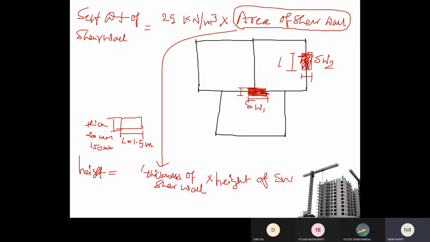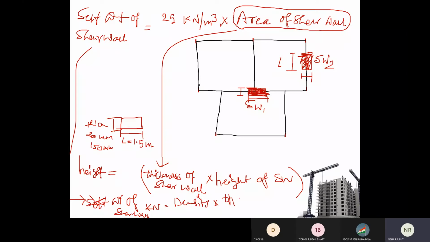So in the area parameter, you need to multiply thickness and height, and to get the weight of shear wall in terms of kilonewton, you need to multiply your density with thickness into height, and the third parameter that you need to consider is the length of shear wall, because this length may be different for different orientation of wall, and even if the orientation is the same, the length of the shear wall may differ, right?